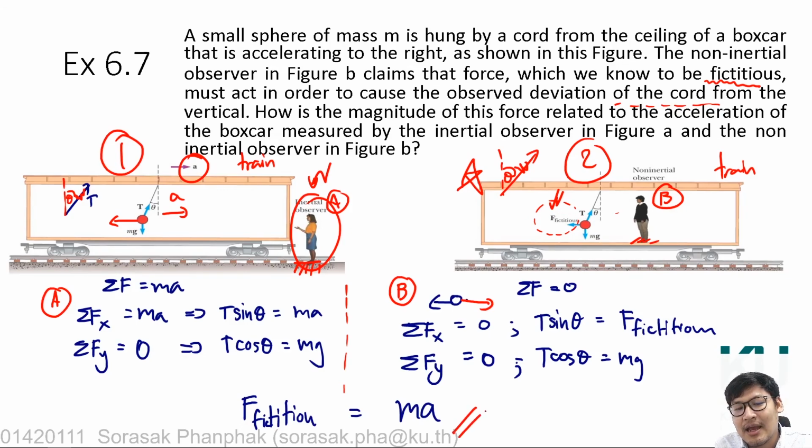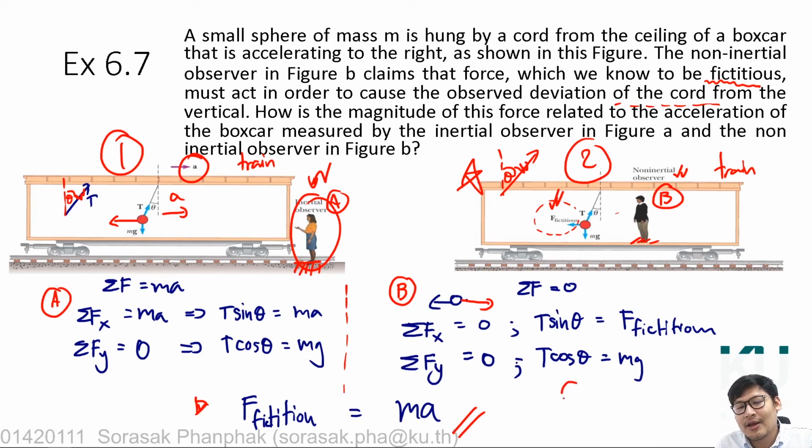So the fictitious force happens when you observe in a non-inertial frame of reference a system that is moving with acceleration, and the resultant force is the fictitious force.